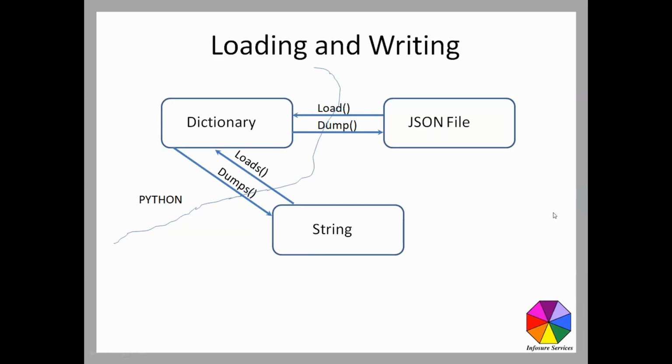Similarly, at the other end, when the string is received, you load the data into a Python dictionary with loads. So these are the methods. Whenever there is an s, it is operating on a string. When it's without the s, it is just a file. So file to Python dictionary, and Python dictionary to string.